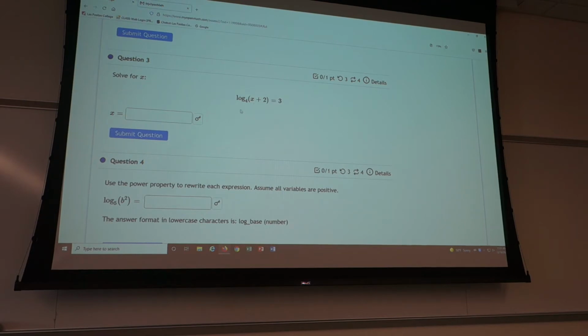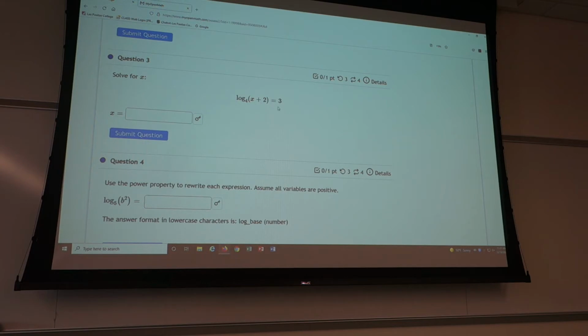On that one, you move the x plus 2 to the outside. Okay, so here, this is my base, you're just gonna rewrite it. Anytime you have a log, try rewriting it if you can as an exponential. 4 is my base, what's my exponent here, folks? 3.